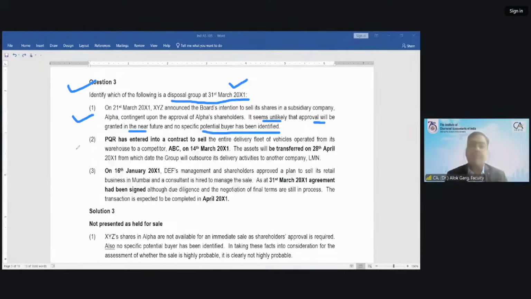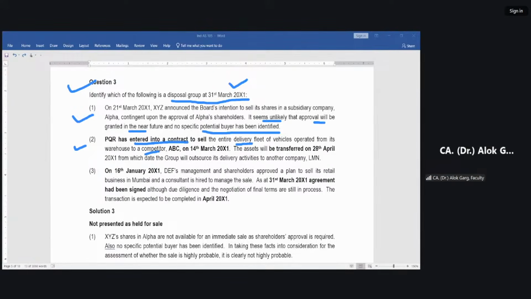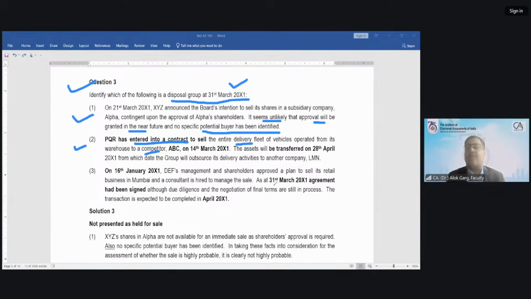Now, question number two. PQR has entered into a contract to sell the entire delivery fleet of vehicles operated from its warehouse to a competitor ABC on 14th March 20x1.